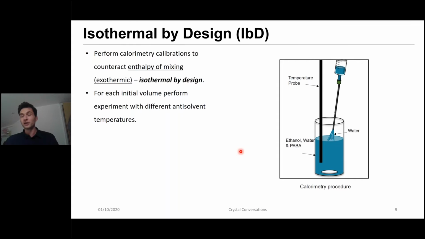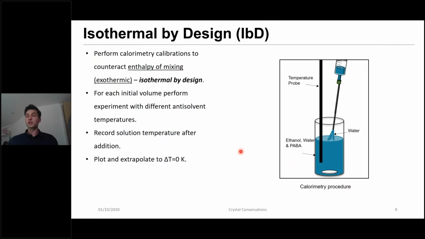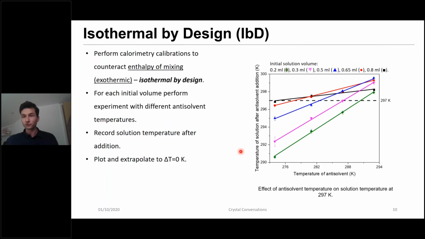Simply, I would have a solution at a set volume, add in my anti-solvent, which was at a given temperature, and use a temperature probe to measure the change in temperature caused after this addition. I could record this with the temperature probe, and make a plot over this range used to extrapolate to a delta T of 0, whereby we have a true isothermal anti-solvent method.